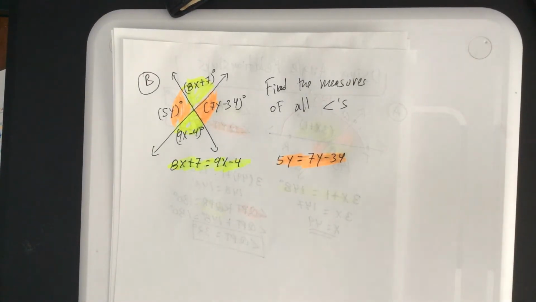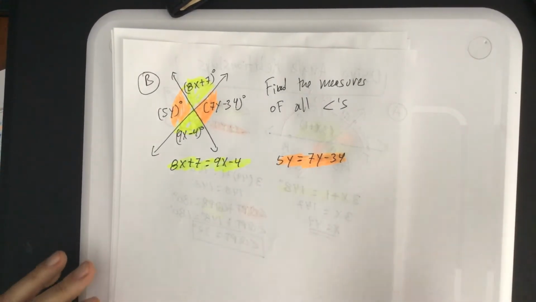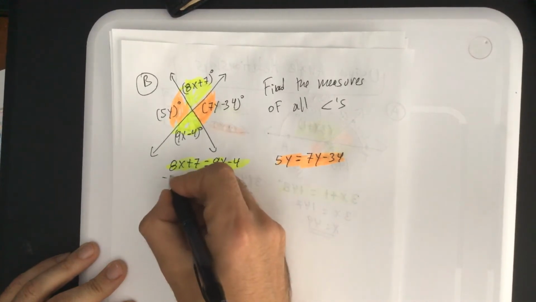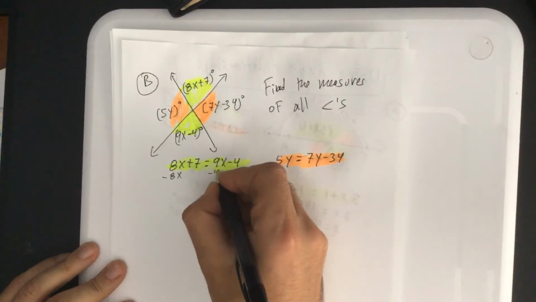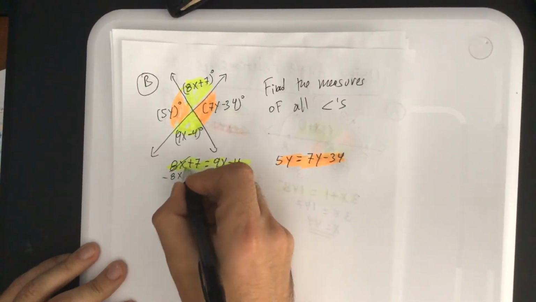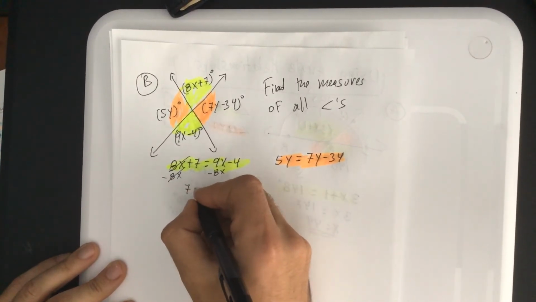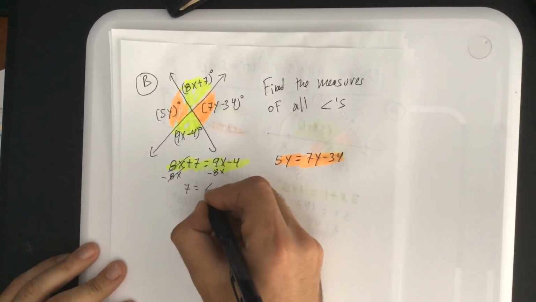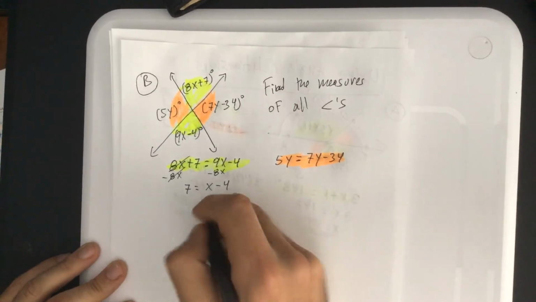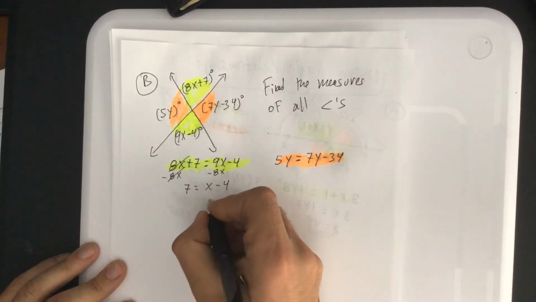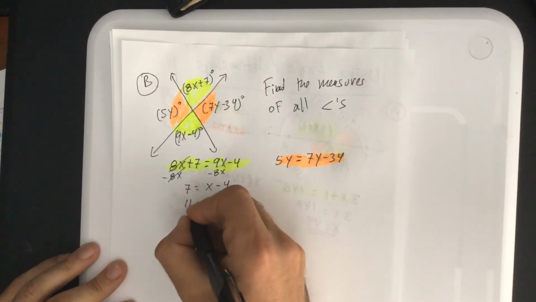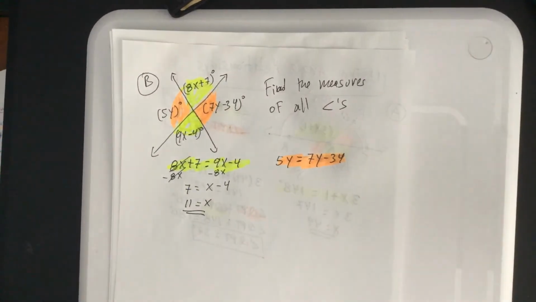We solve the equation by subtracting 8x from both sides of the equation. It cancels. 7 is equal to 1x minus 4. Adding 4 to both sides of the equation gives you x equals 11.